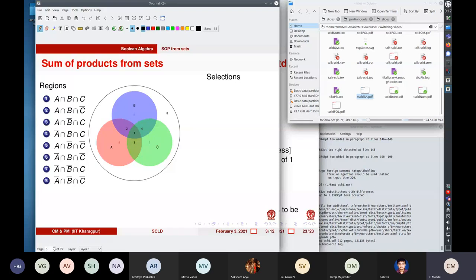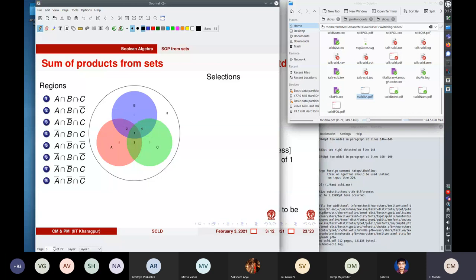So what you can see is that any subset of these regions can be expressed in terms of these regions. All right. So these regions are expressed in this form.